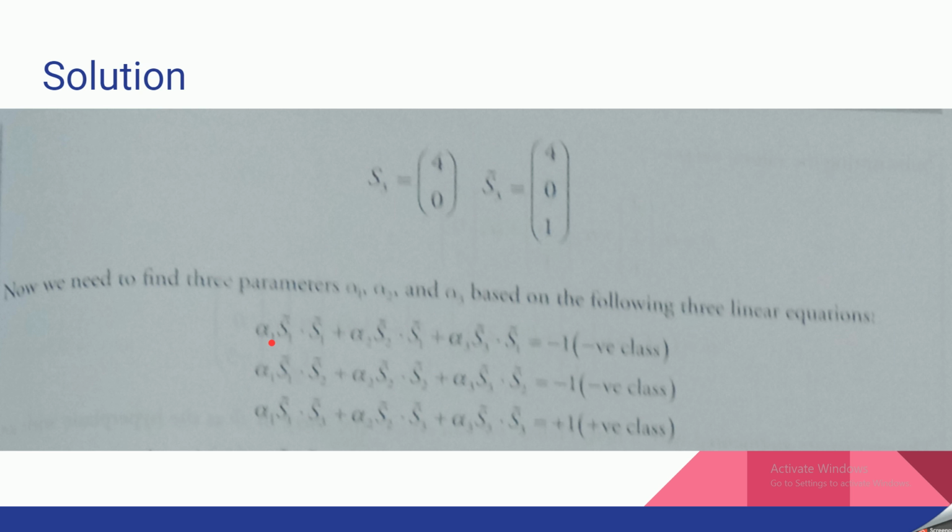So here it will be alpha 1, alpha 2, alpha 3, and each of these will be multiplied with S1 dash: alpha 1 S1 dash times S1 dash, plus alpha 2 S2 dash times S1 dash, plus alpha 3 S3 dash times S1 dash.